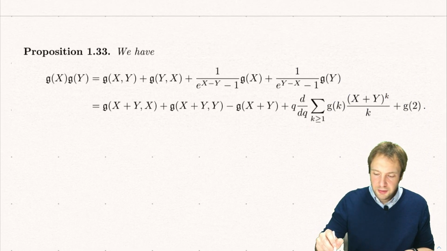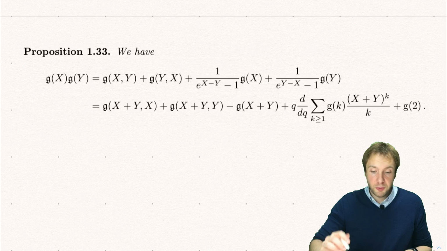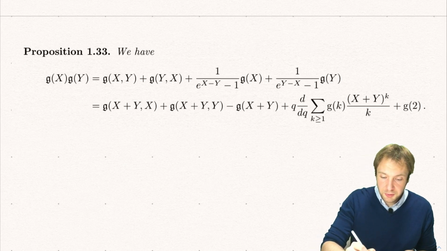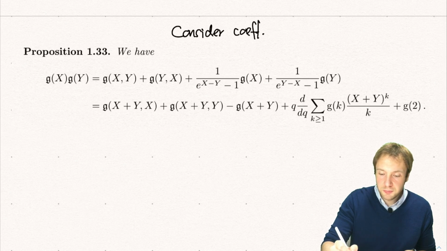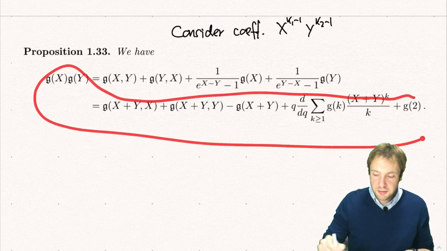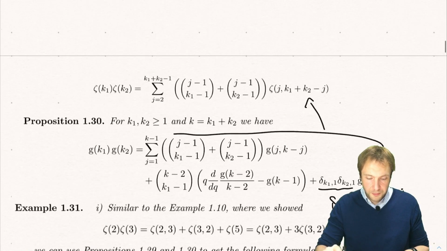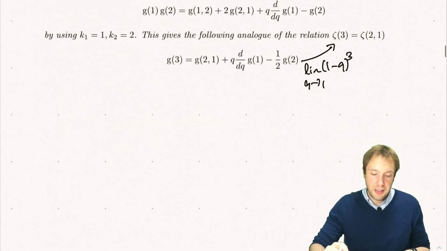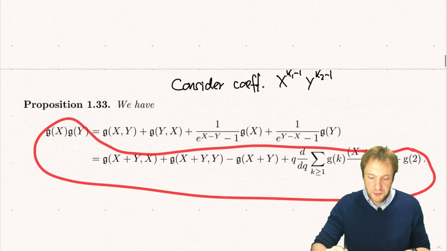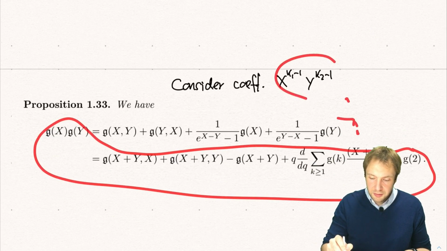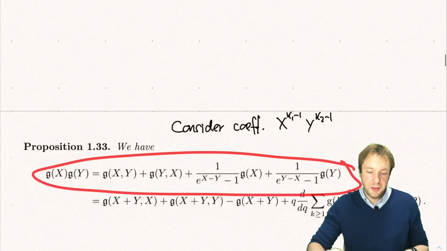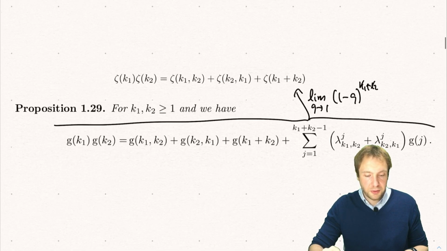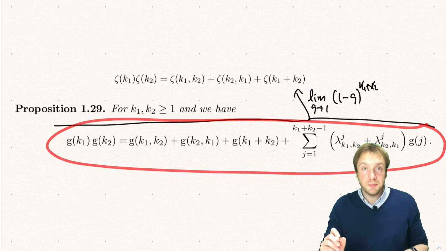And so the proof of the proposition before is by considering the coefficient of x to the k1 minus 1 and y to the k2 minus 1 in this equation here, and this will give this formula here, and considering the coefficient of this in this expression here will give the Staffel product formula given here.